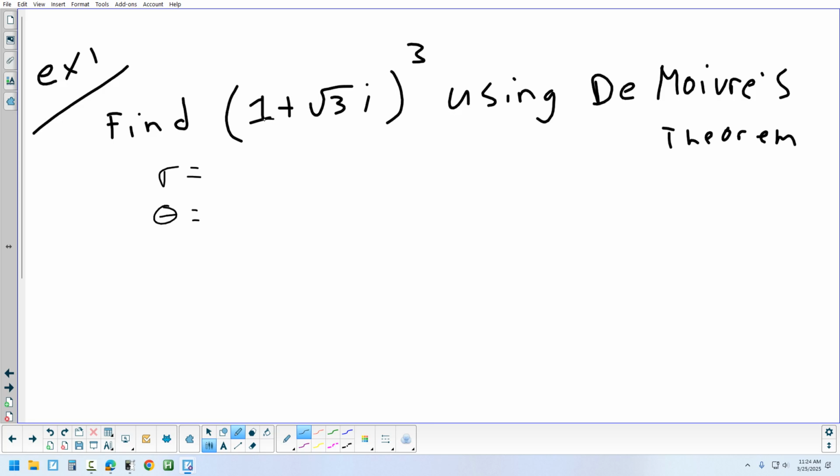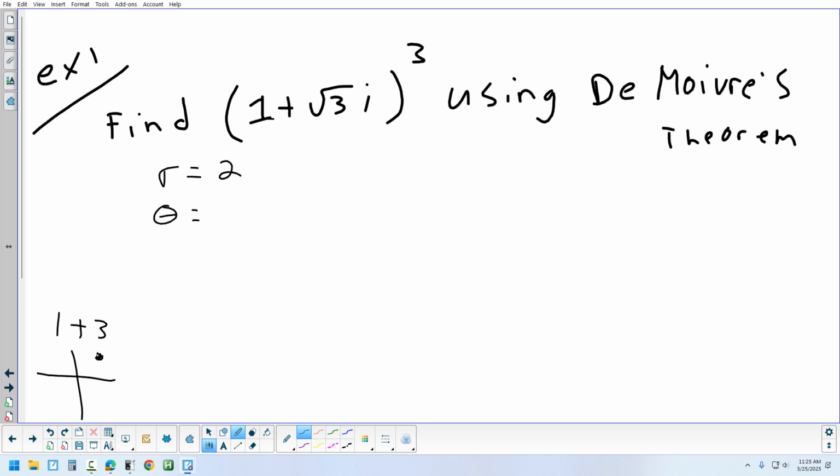Okay, so let's find our radius. What do you get when you square 1? 1. And when you square root 3? 3. If you add those up and take the square root, what's your hypotenuse? Hypotenuse is 2. Okay, so that's my radius. What's the formula to find my angle in quadrant 1?